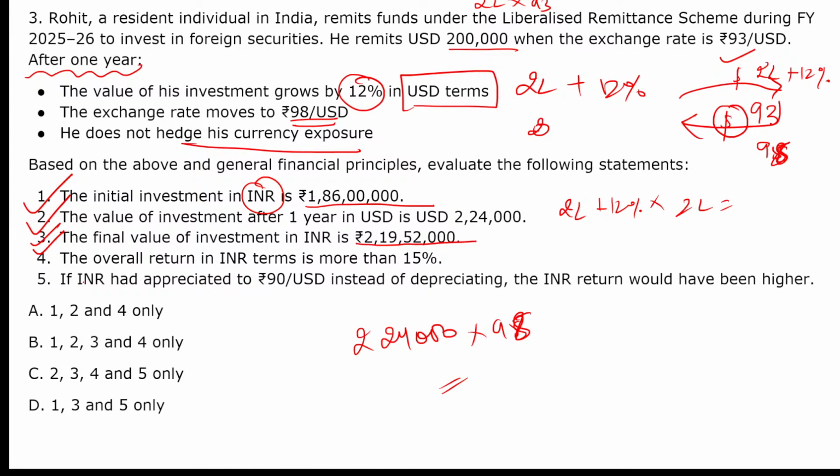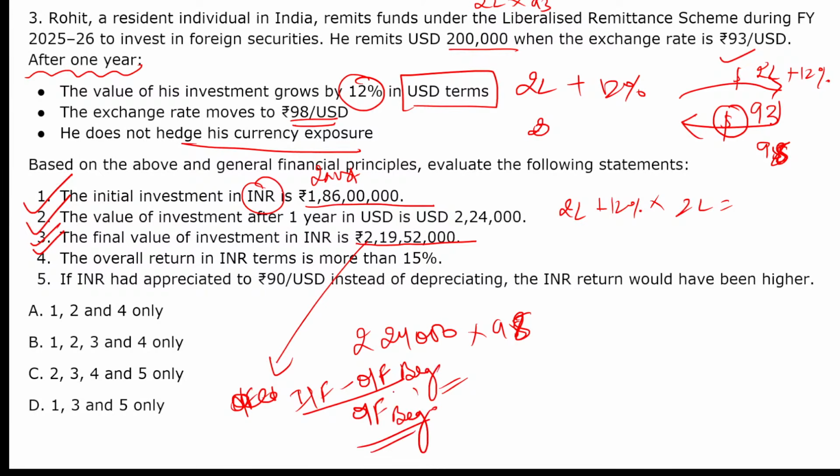The overall return in INR terms is more than 15%. Let's calculate it. I am getting this and I invested this. How do you find the returns? You have to find what you are getting: the total inflow today minus the outflow in the beginning, divided by the outflow in the beginning.